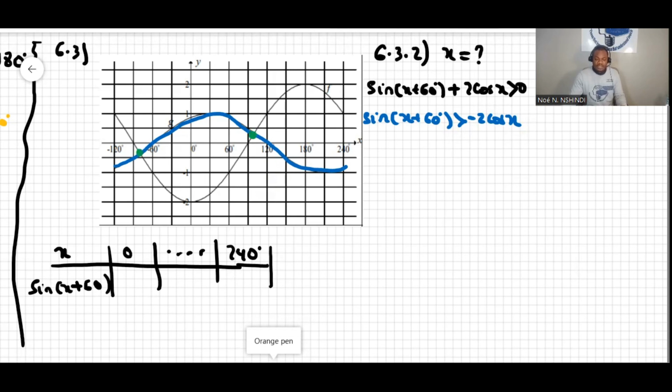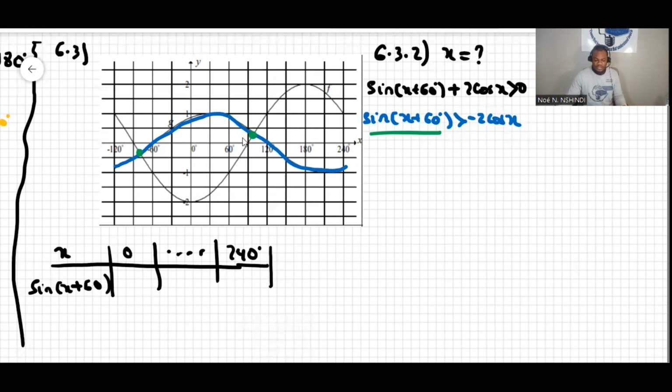Only in between this interval is the left hand side greater than the right hand side. So we can determine these values; it's when the two graphs are equal.